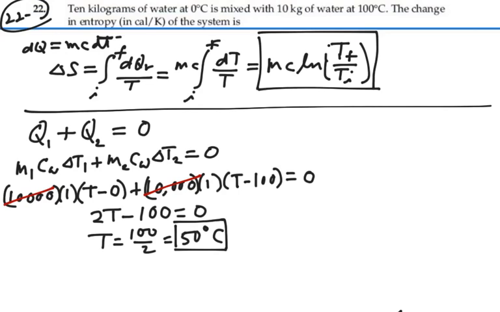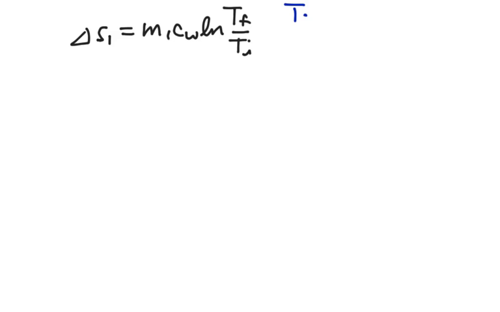Nice to know. I've always wanted to know that, but we want to calculate the change in entropy. Well, let's calculate the change in entropy for the first bit of water. That's going to be equal to mass 1, specific heat of water, natural log, T final over T initial. Now in this case, our T final is 50 degrees Celsius, but if we're going to use it in this equation, we're going to have to change it to Kelvin.